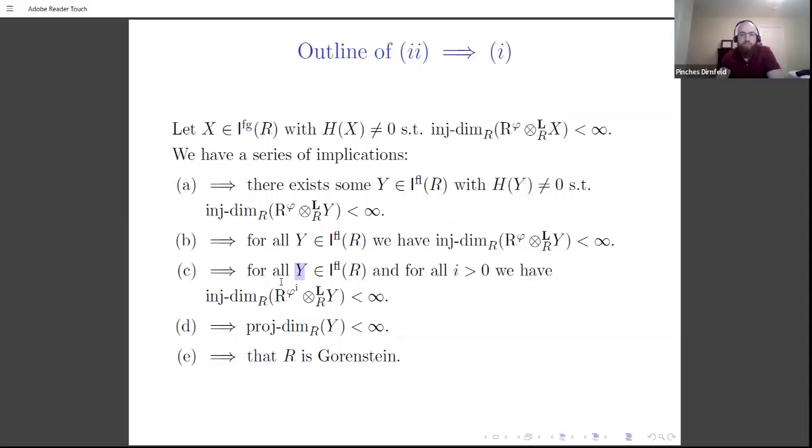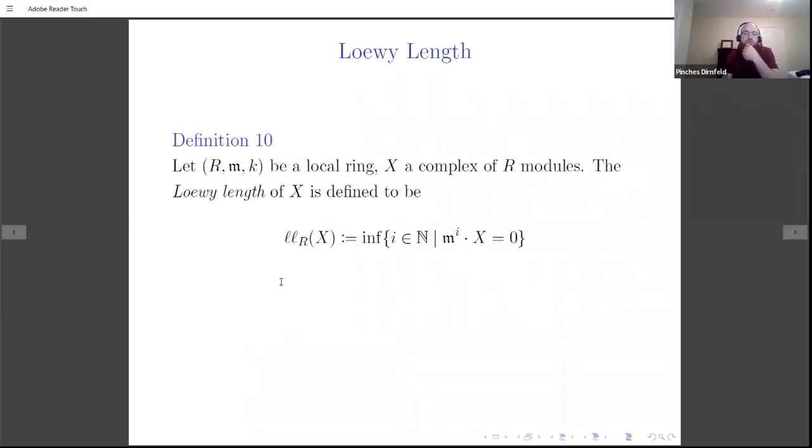Okay, so for that we need the notion of Loewy length. If (R, m, k) is a local ring and X a complex of R-modules, then the Loewy length of X is defined to be the infimum of i such that m to the power i times X is the zero complex.